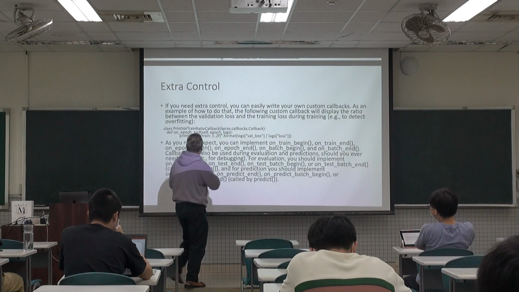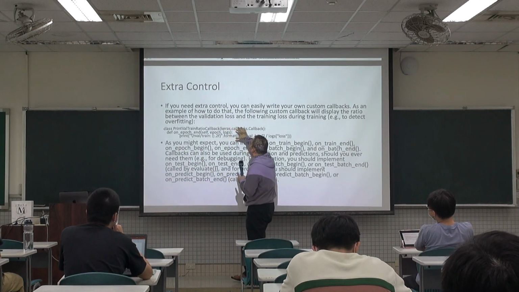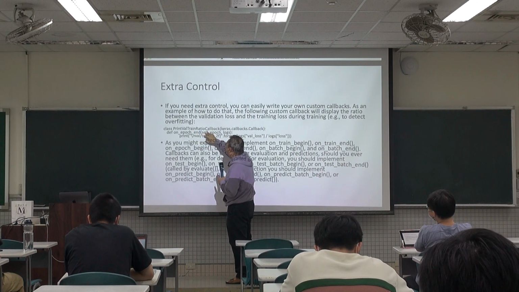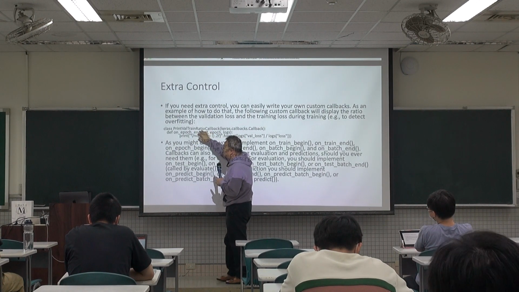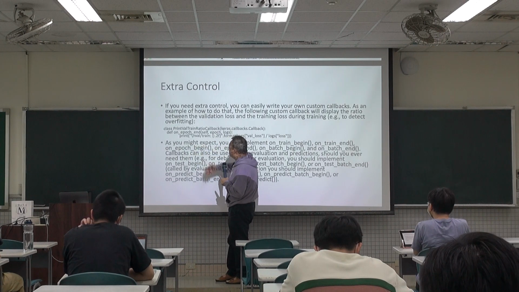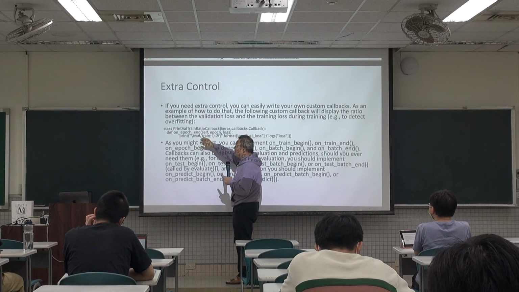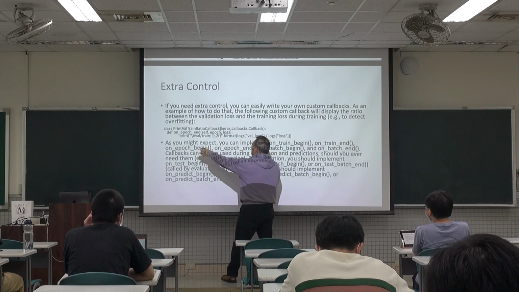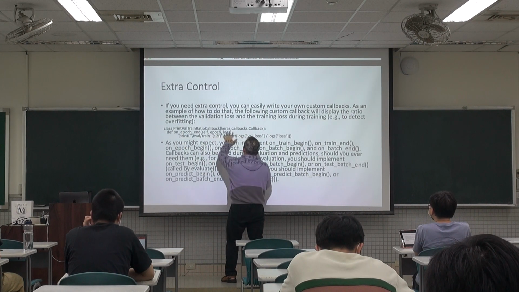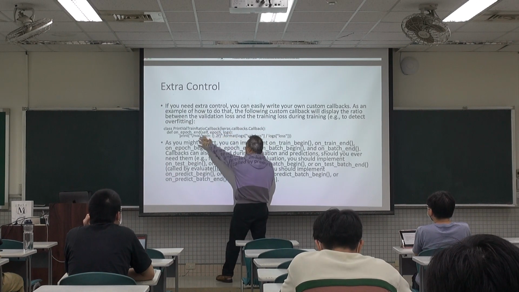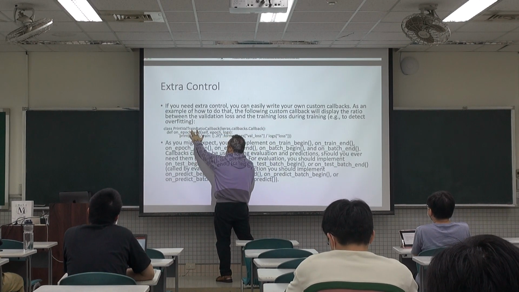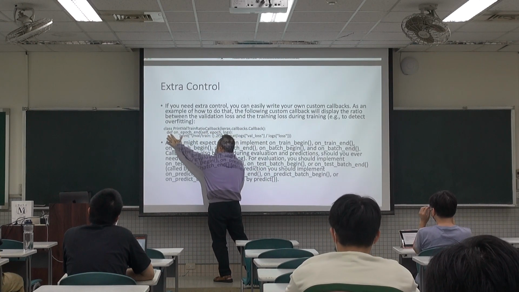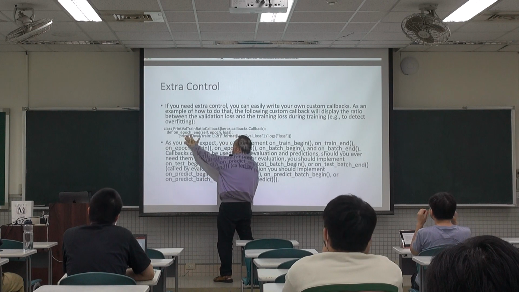This custom callback is just going to print the value of the validation to training loss ratio for you at the end of each epoch. What you do is subclass the Callback class. You call this PrintValTrainRatioCallback, and here you define on_epoch_end.